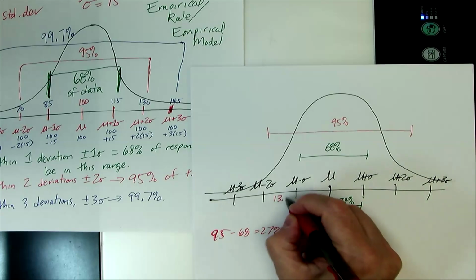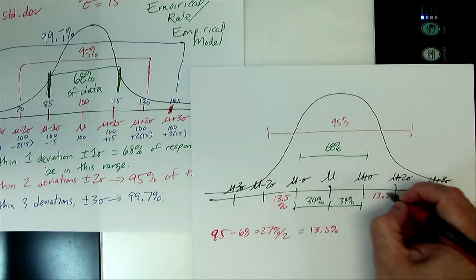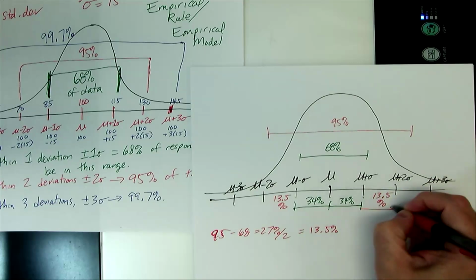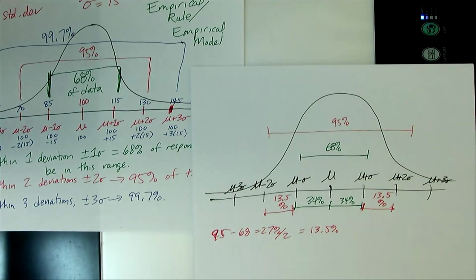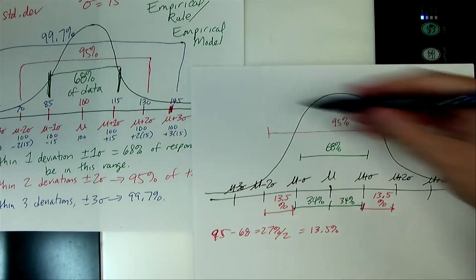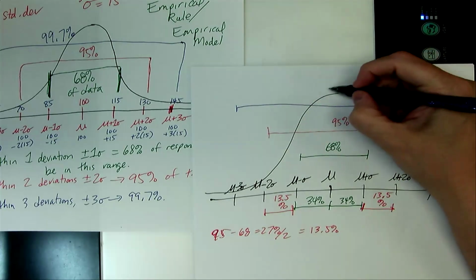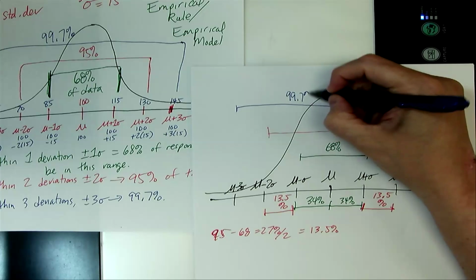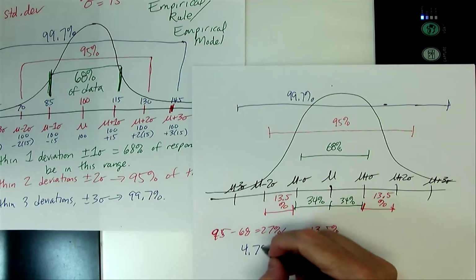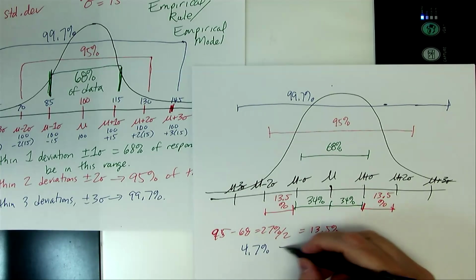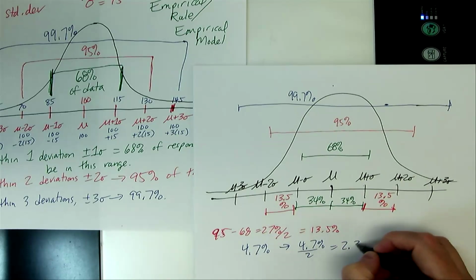So there's 13.5% in here and 13.5% in this region. 99.7 was 3 deviations, and that leaves just 4.7% to split between those two regions. 4.7 over 2 is 2.35%.